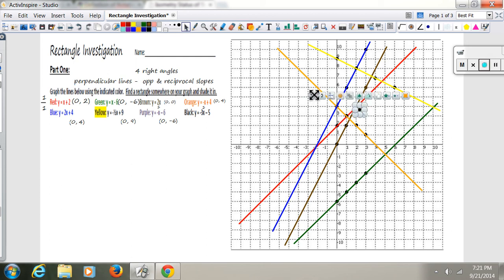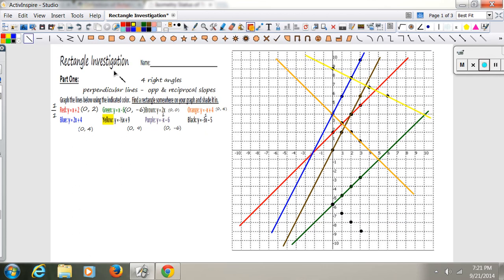I need to start at 0, -6, which we already did once. And we need to go down 1 and over 1. Down 1 and over 1. That would be a -1 slope. That one's got to be purple. So let's draw that one in.